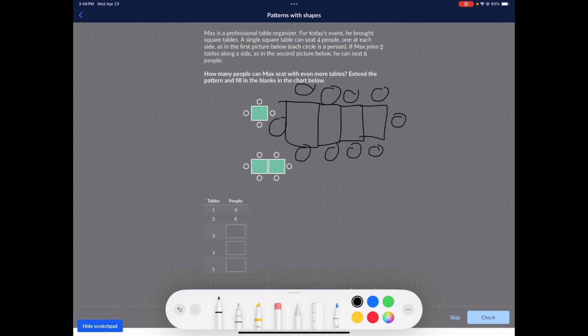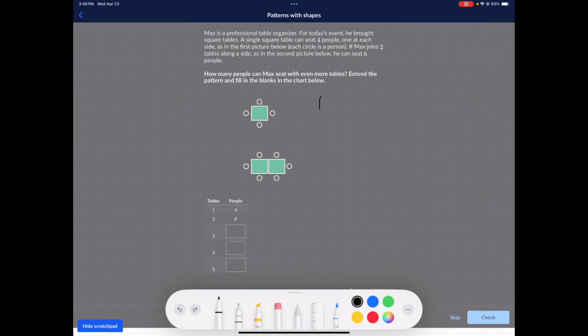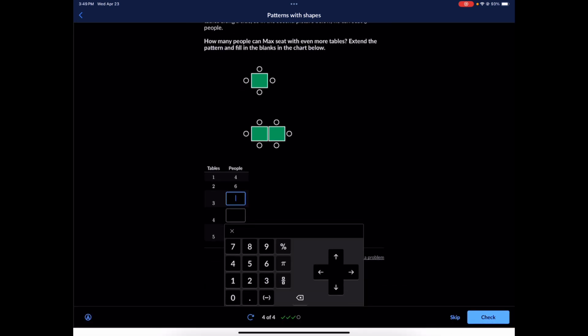We're getting that we're adding plus 2 for each one. So that's our pattern. We start with 4 and then we just add 2. So let's apply it. So we have 3 tables.